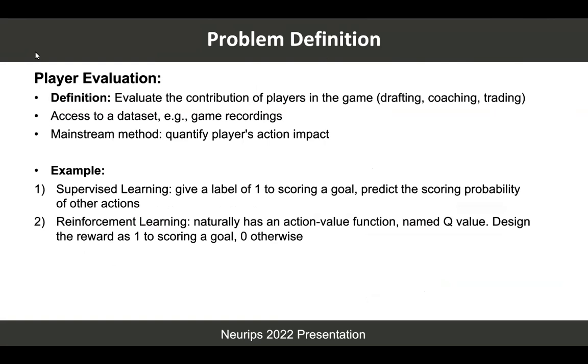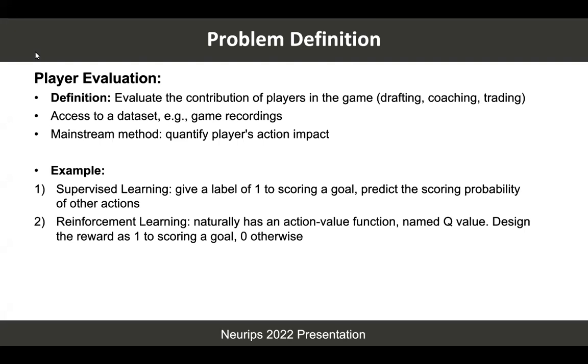Usually we assume we can access a data set, which can be game recordings. The mainstream method currently is to quantify the player's action impact, such that it can be used to evaluate the performance of a player.